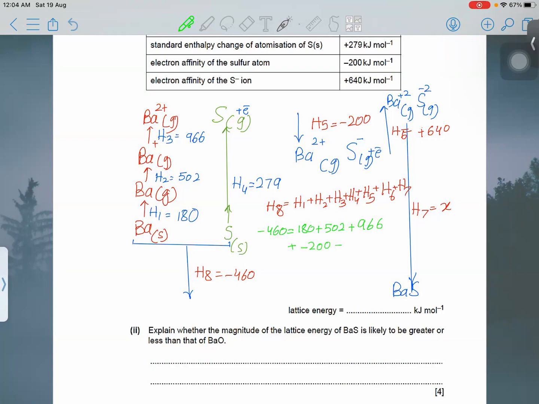Minus 200, plus 640, plus X. Now find the value of X. We also have to add 279, right? So the value of X is minus 2827.